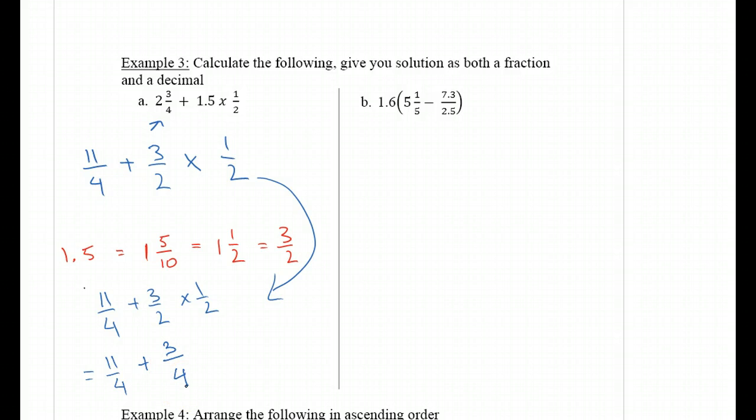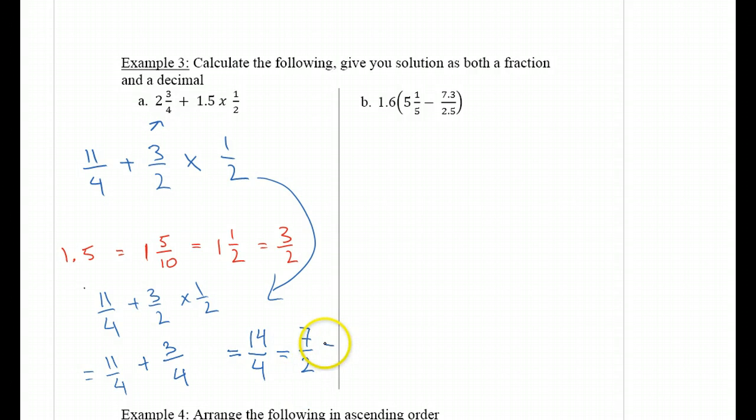And now I'm going to add these together, and hey, look at that. I have the same denominator, so I don't have to find a common denominator, so it's kind of an easy one to do here. So I'm just going to add the tops, the numerators, and my final answer is 11 plus 3, which is 14 over 4. Oh, and I'm going to simplify that into 7 over 2.